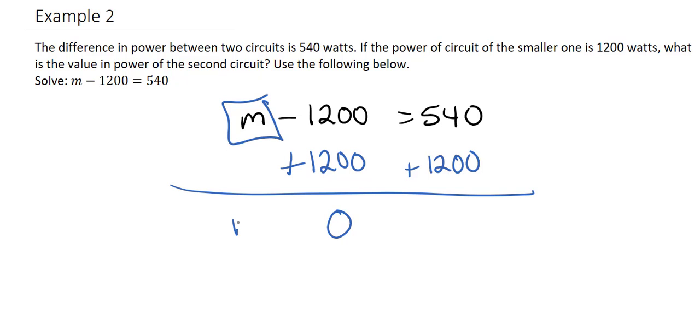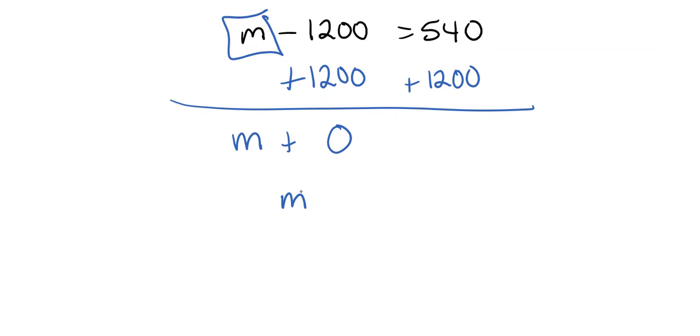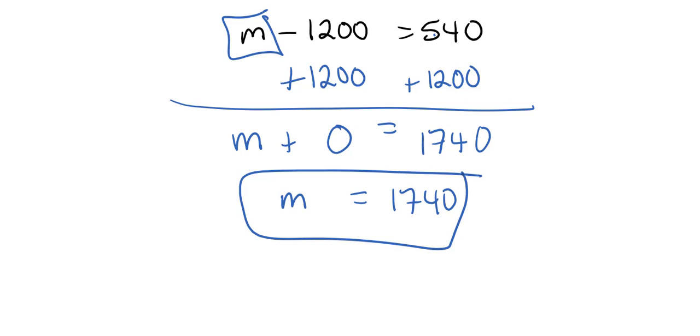So we bring down the m, plus 0 is really just m. Then we have 540 plus 1,200. We can get our calculators out, but we can do this real quick. 4 plus 0 is 4, 5 plus 2 is 7, and just bring down the 1. Now we have 1,740, and that is the value of m.